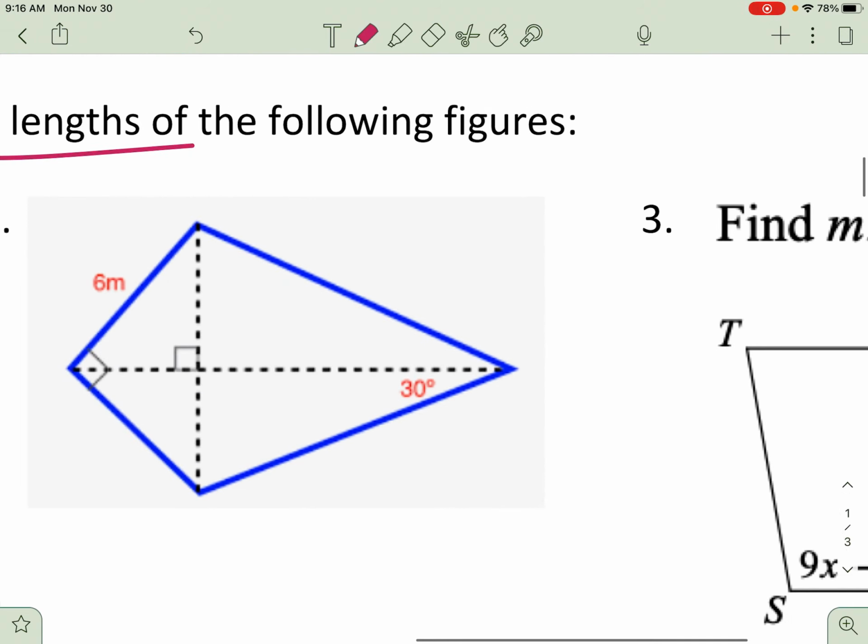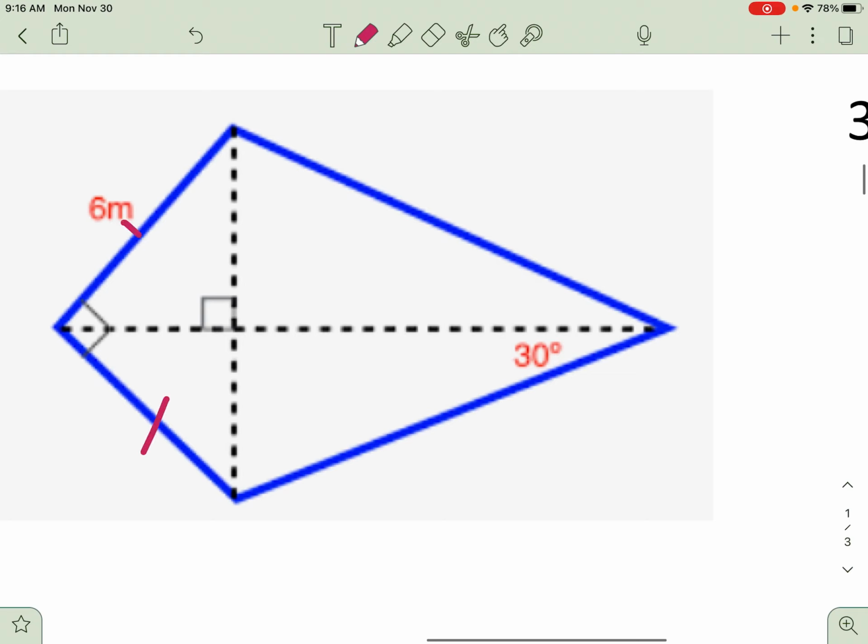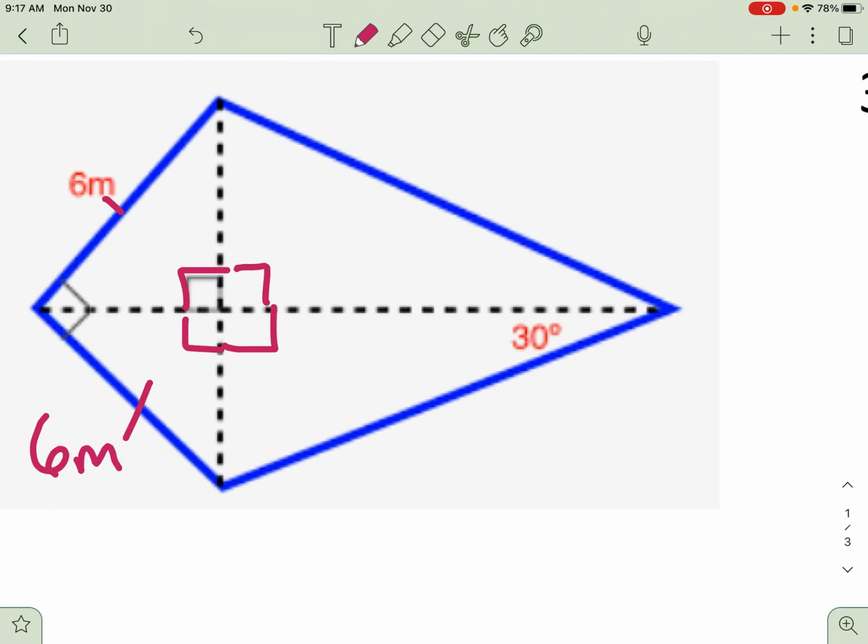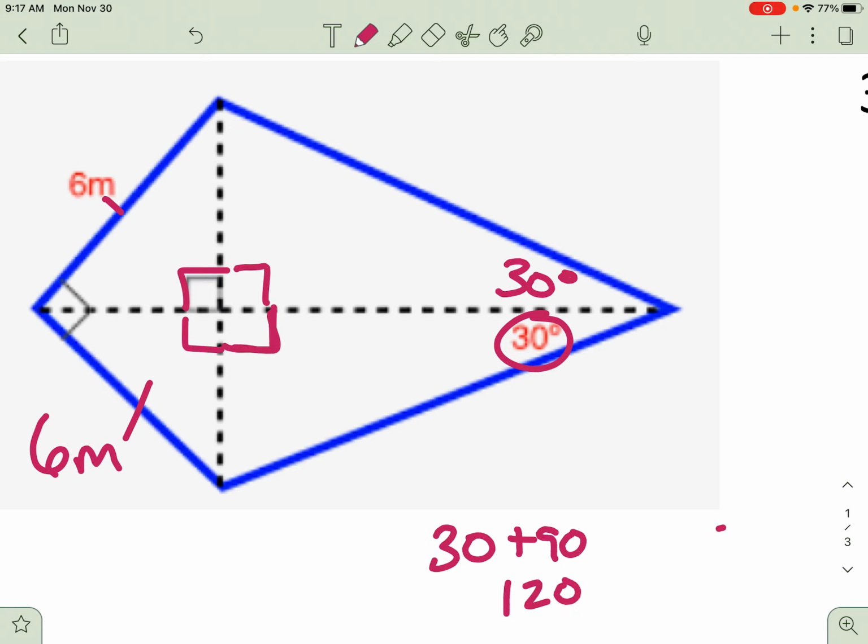Kite. With a kite, we know that these two are congruent, so this has got to be 6 meters. This is 90 degrees, this is 90, 90, 90. If this is 30 degrees, remember that this diagonal bisects it, so this must also be 30. Now I have a 30 and a 90, so what goes over here? 30 and 90 is 120, and it's got to equal 180, so I'm missing a 60 degree angle.